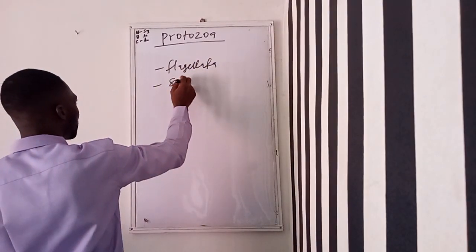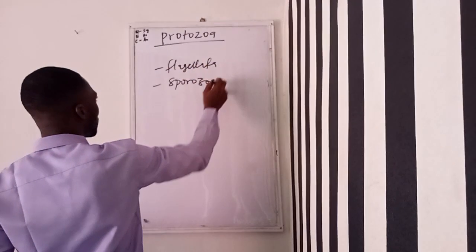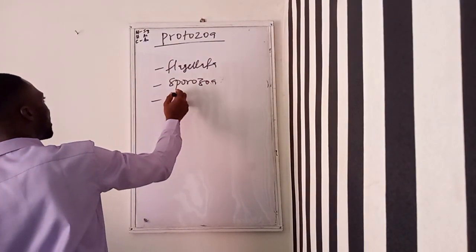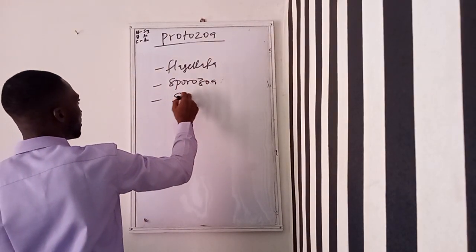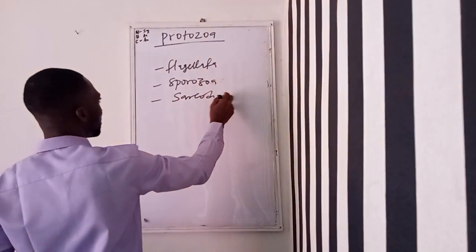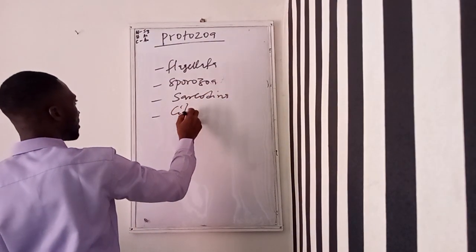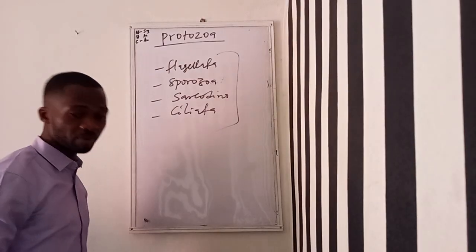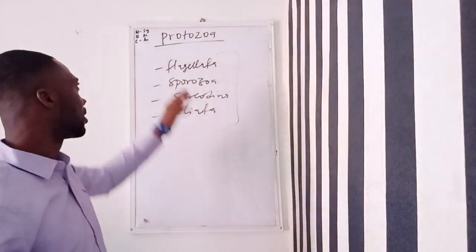You can say flagellata, sporozoa, then sarcodina, and ciliata. Some people simplify the classification of protozoa this way.